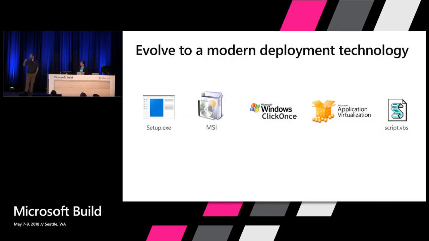Over the years, a lot of technology has evolved, from Microsoft as well as from third-party partners, to help mitigate some of the problems, but none of these really holistically address the root cause here, nor did it solve the problems for everyone, including ISVs and consumers and enterprises and so on and so forth.